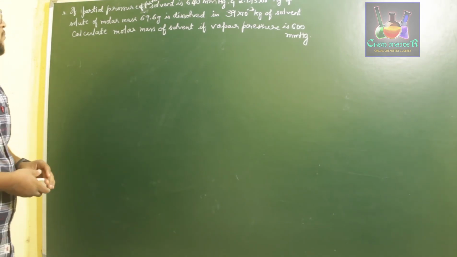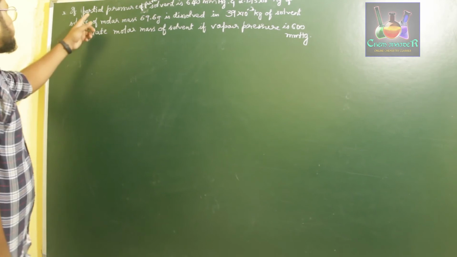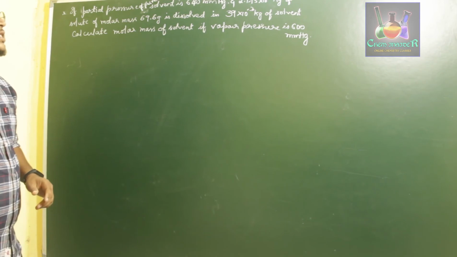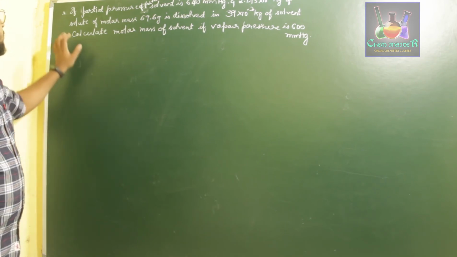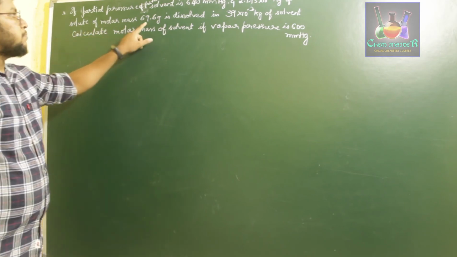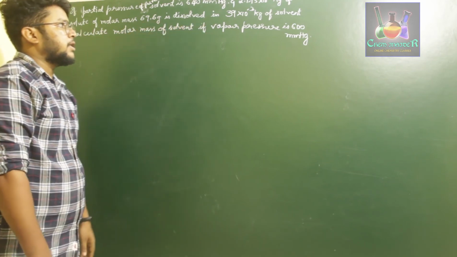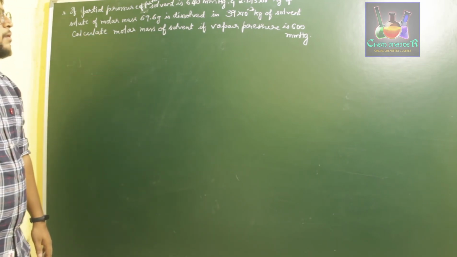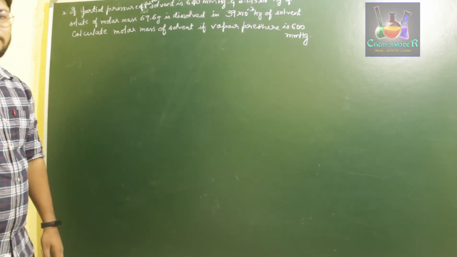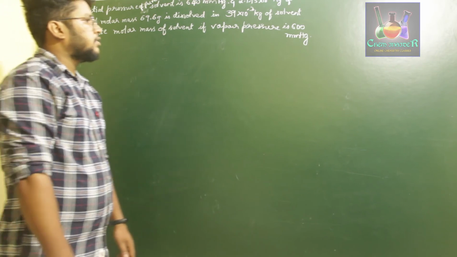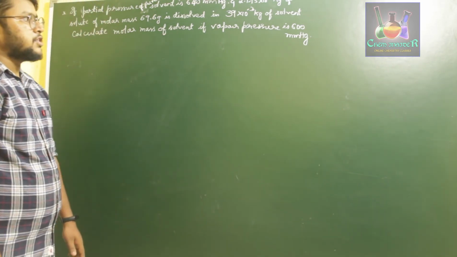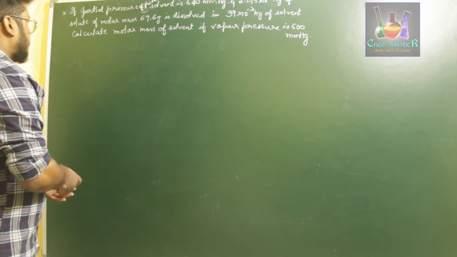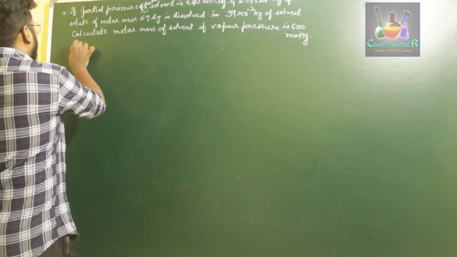They have given the question: if the partial pressure of a pure solvent is 640 mmHg, and 2.175 into 10 power minus 3 kilograms of solute of molar mass 69.6 is dissolved in 39 into 10 power minus 3 kilograms of solvent, calculate the molar mass of solvent if the vapor pressure of the solution is 600 mmHg.